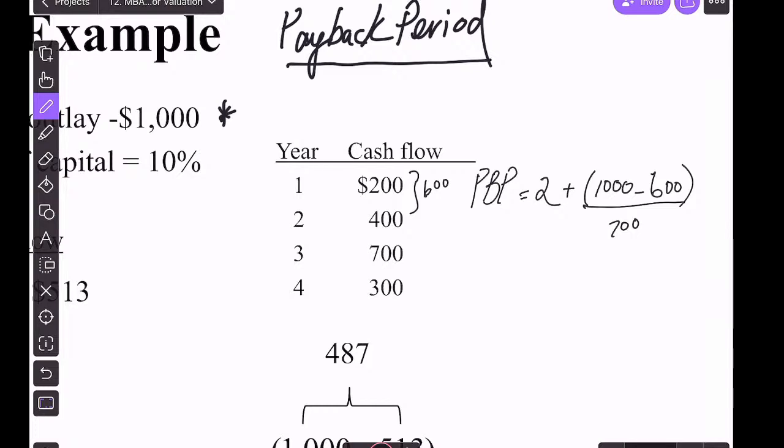So this gives me the fraction of a year that it'll take to recover my costs.